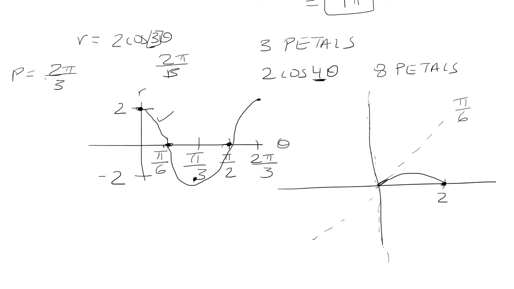And then from pi over 6 to pi over 3, we're negative now. So pi over 6 to pi over 3 is in this region, but because r is negative, it's going to throw us over here. Okay, so let's see how that works. Pi over 3 is over here, let's say, and then -2 would have us somewhere around here.